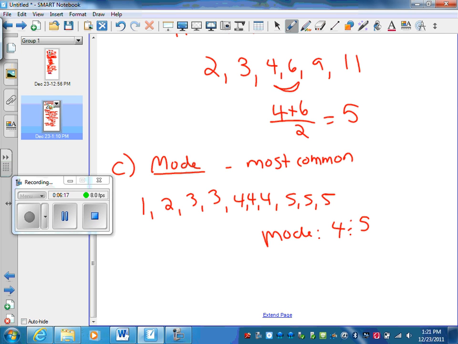Again, your calculator manual tells you how to do the mode. If you look at the solution here, it says there's no function on the TI-82/83 that gives the mode directly. This might be something that the TI-84 might do. You guys have to find that out in your own manual.